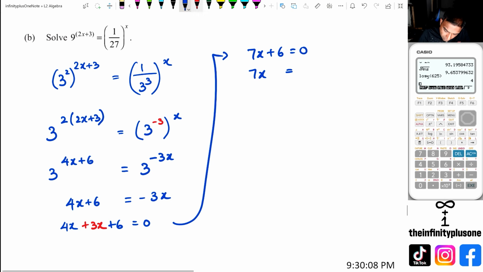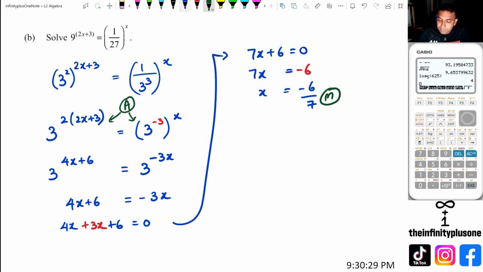Then 7x is equal to minus 6, and then x is equal to negative 6 over 7. Grades wise, we're looking at rewrites at least one term as a power base with 3, so your achieved could be either here or here. And then merit is solving it correctly.